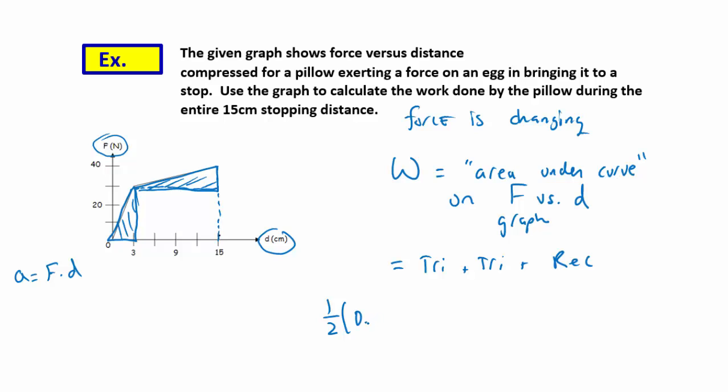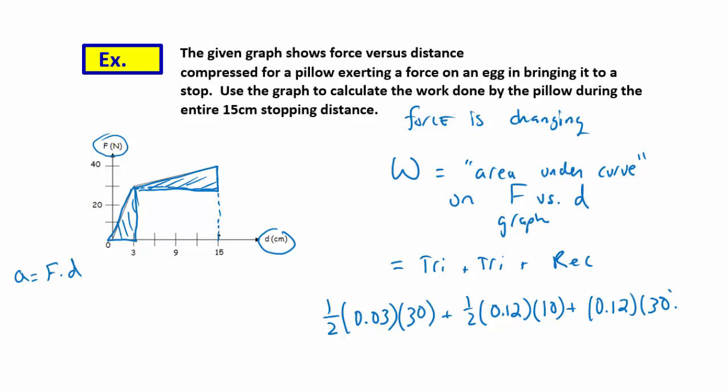I'm going to convert that to meters, 0.03 meters, times the force applied during that, or the height of that little area, which was 30 newtons, plus, I'm going to add that other little triangle, 1/2 the base, 0.12 meters, times the height, that little triangle was 10 newtons tall. And then we have that big old rectangle: 0.12 meters was the distance, and then 30 newtons was the height.